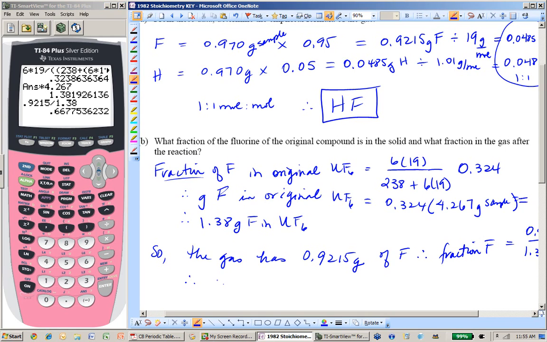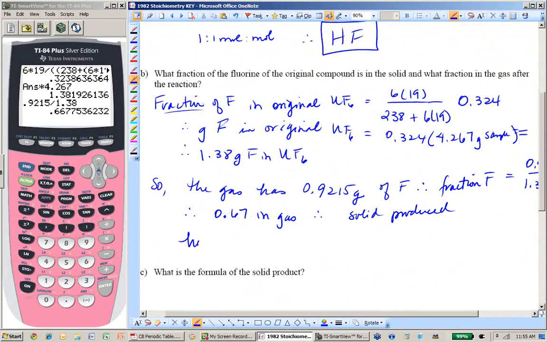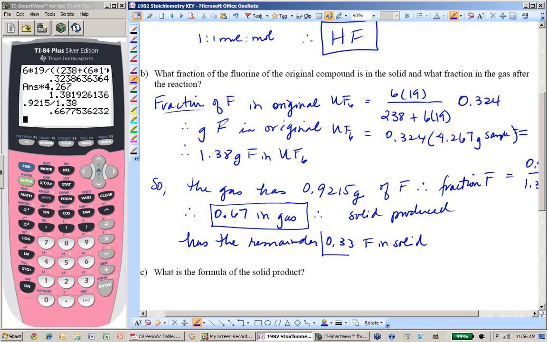So 0.67 in the gas. Therefore, the solid produced has the remainder, 0.33 fluorine in the solid. So there's the answer to your question. These are fractions, which is why these are naked numbers.